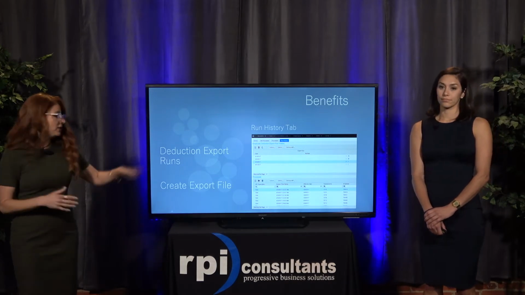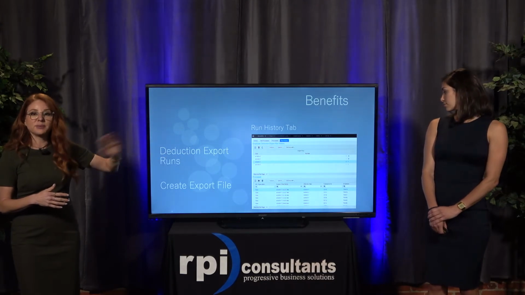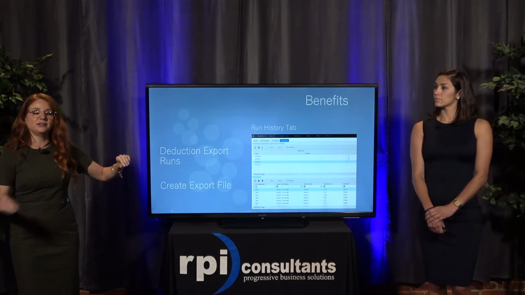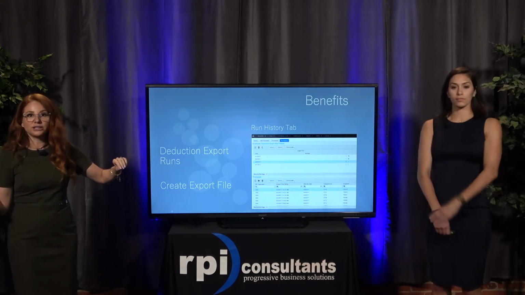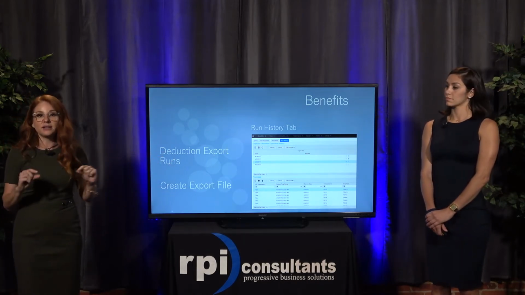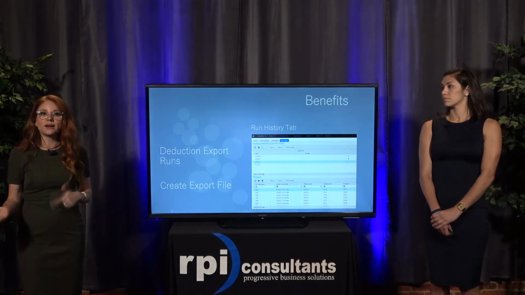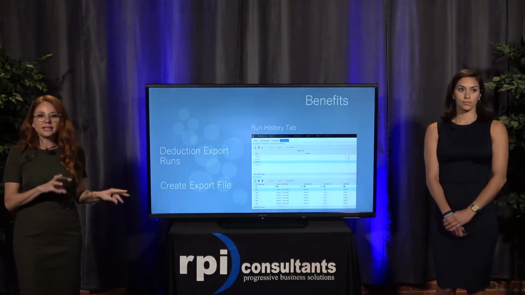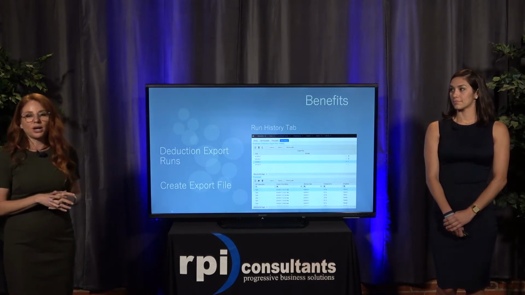So we do have a history here of all the dates that data has been exported. If something was wrong or you needed to make a change to a deduction or to a series of employee deductions, you can do that, and then actually do a rerun and send that small batch back out. So this gives you a little more control over what goes out on that import or export, as well as oversight of what's been processed in that transaction.